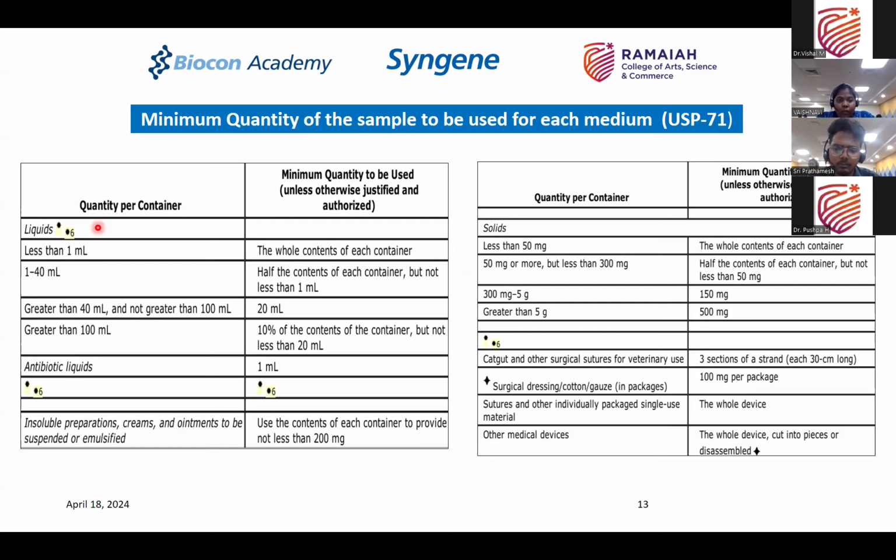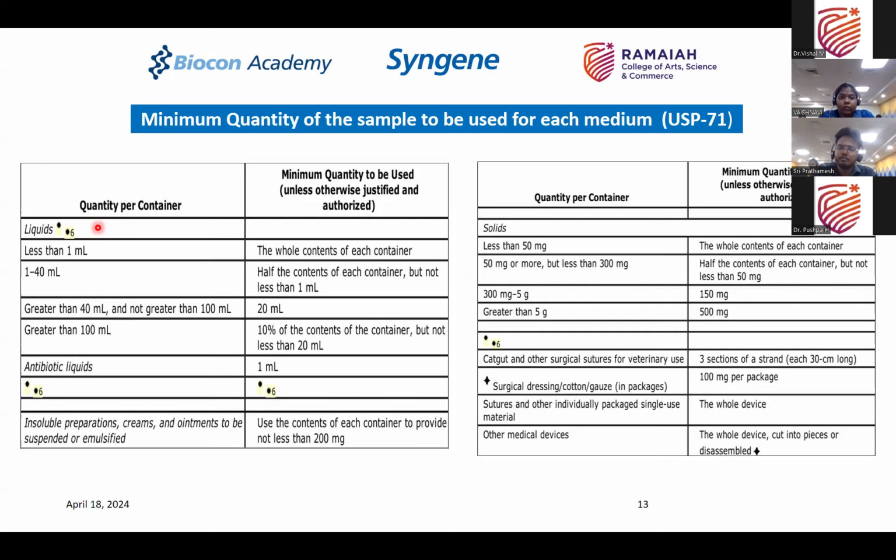If they are solids, they are expressed in grams or milligrams. So for example, for solids, if the sample has less than 50 milligrams, the whole content of each container has to be used. If it is 50 milligrams or more, but less than 300 milligrams, half the content of each container, but not less than 50 milligrams, has to be used.